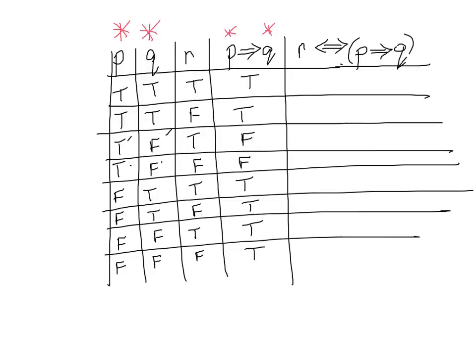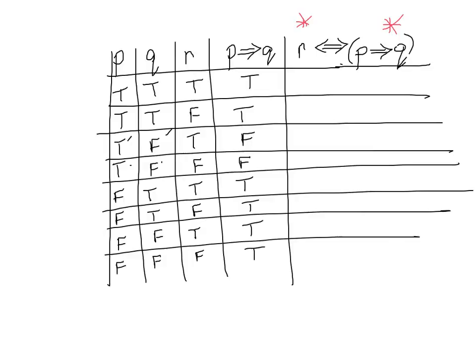Now, it gets really interesting with all the arrows going all kinds of ways in the last one. So we have R right here, and we have if P then Q right here. And we're saying R if and only if P then Q. Lots of strange convoluted things going on there.